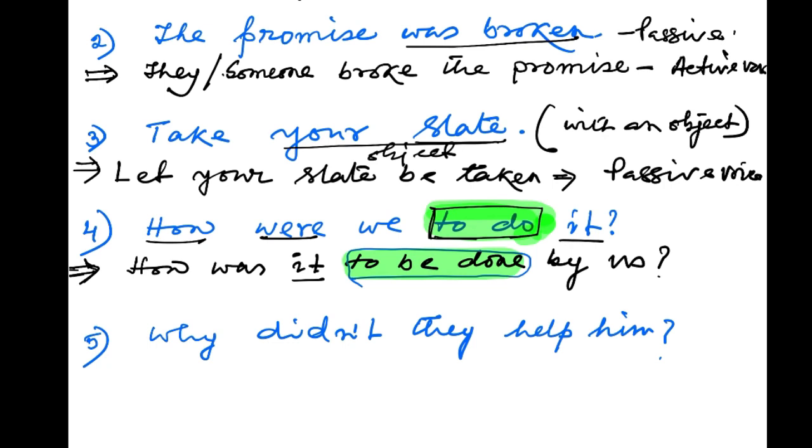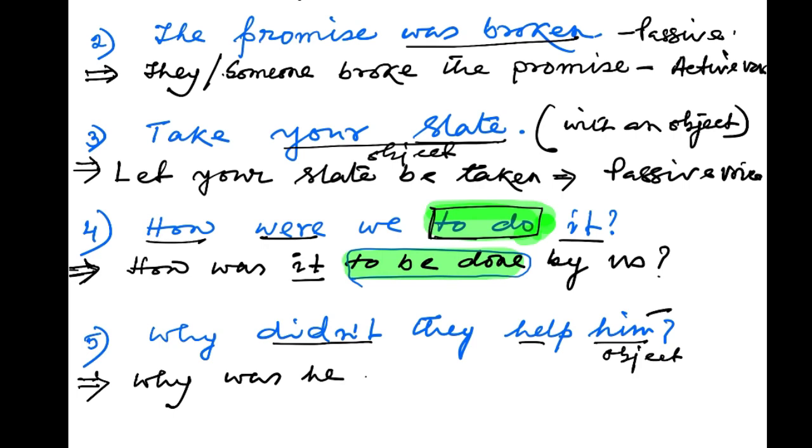Now come to the last sentence. Why didn't they help him? This is the object. Keep "why" at the beginning. "Didn't help" means past indefinite tense, so it will be "was." Why was "him" will be "he."